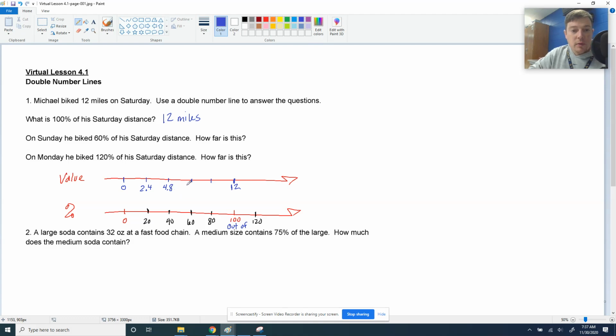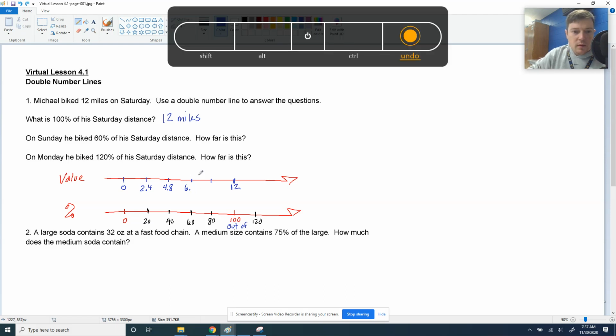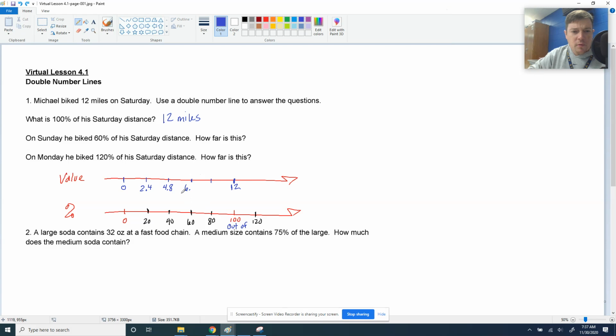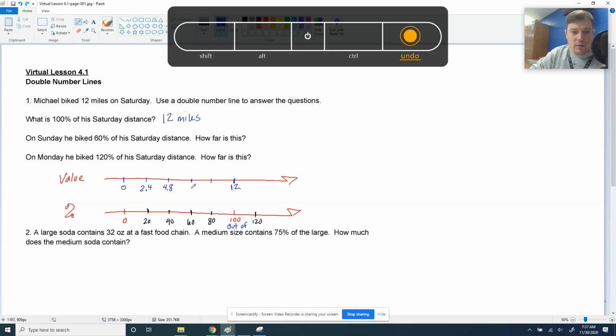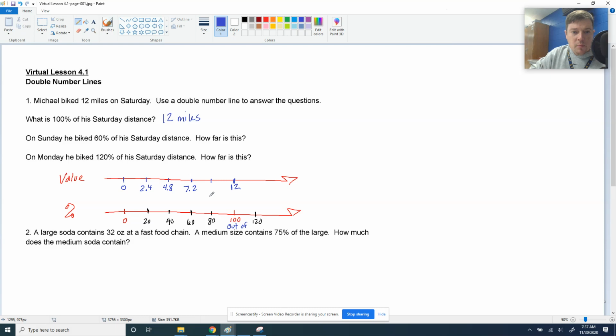Oh, I split that up wrong. 12 divided by 5 is 2.4, then 4.8. Oh, that would be 7.2. My bad. I knew something was off there. So 2.4, 4.8, 7.2, and then you add 2.4, that would be 9.6, and then 2.4 more would get you to 12.